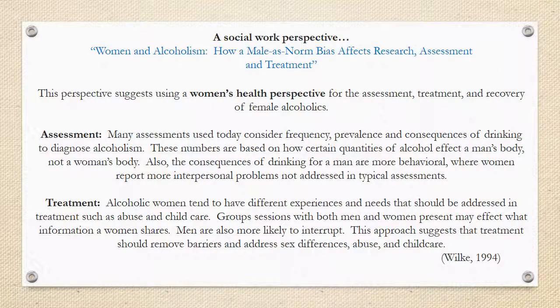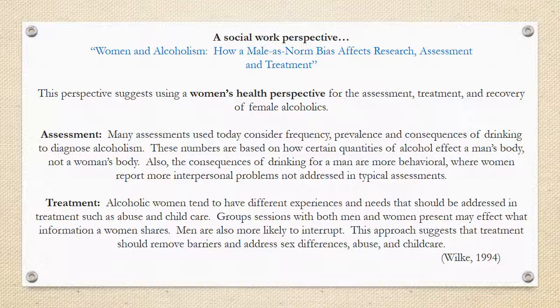Now let's look at another social work perspective that I've found with a journal article titled Women and Alcoholism: How a Male as Norm Bias Affects Research, Assessment, and Treatment. The perspective of this article suggests using a woman's health perspective for the assessment, treatment, and recovery of female alcoholics.